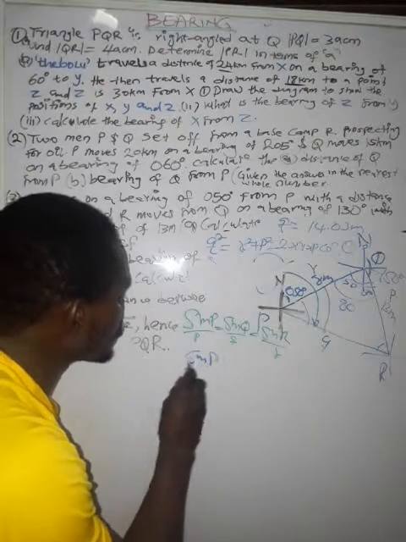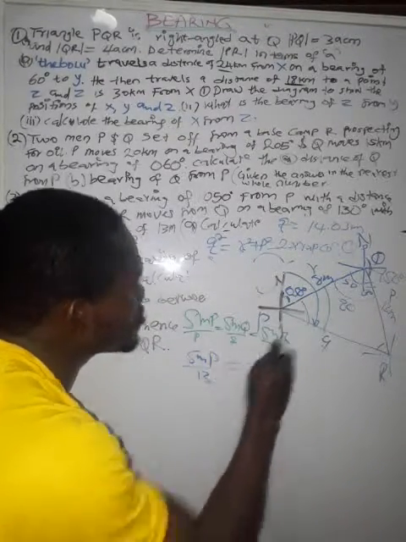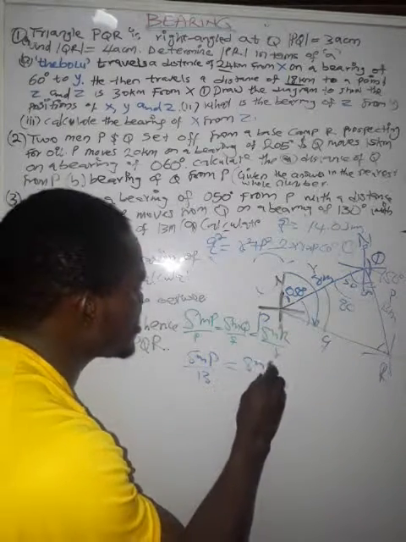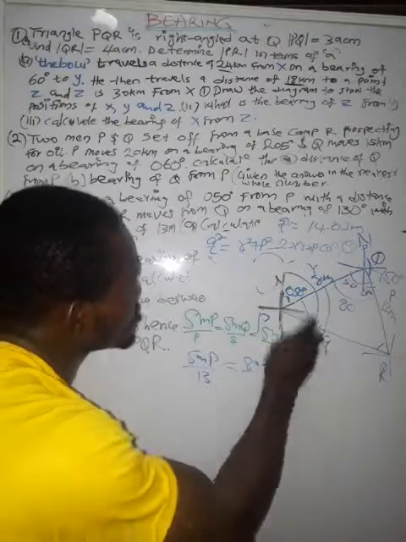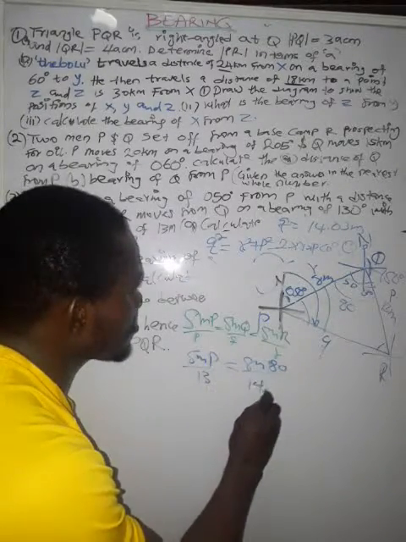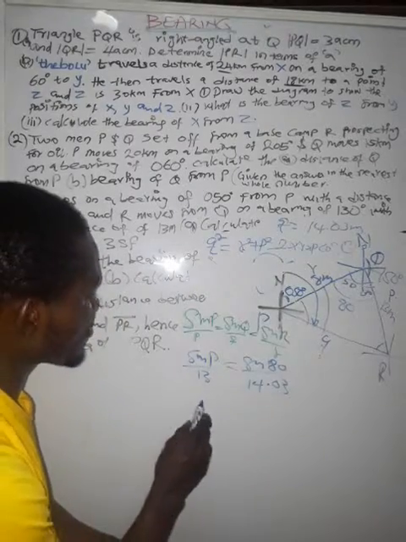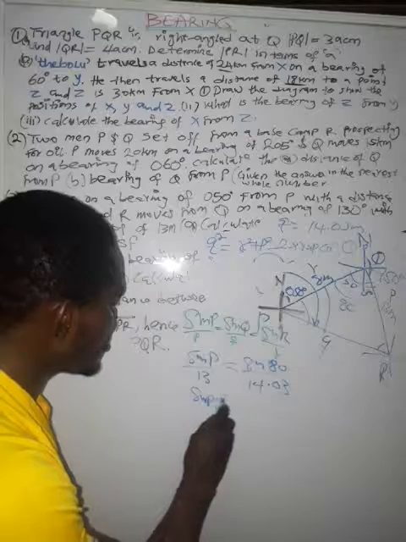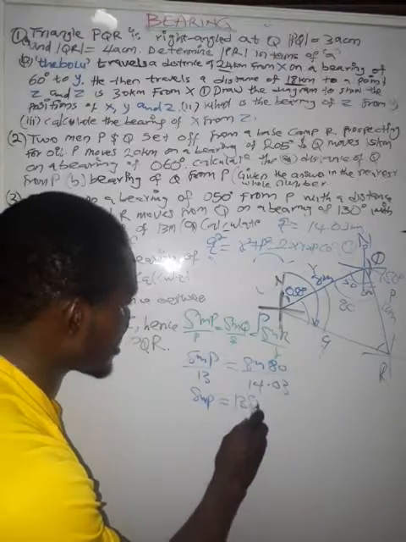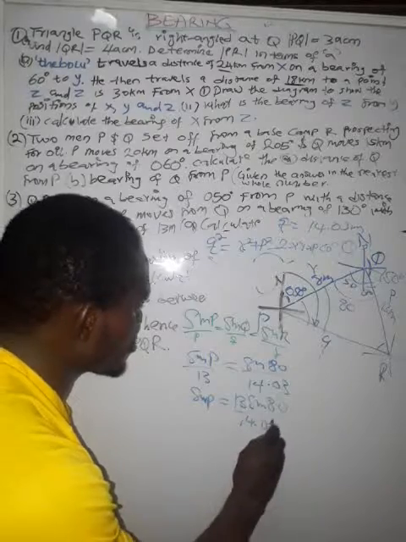Sine P over small p 13 equals sine q 80, sine 80 over small q, that is what we just calculated, 14.03. To make P the subject of the formula, sine P will just be 13 sine 80 divided by 14.03.